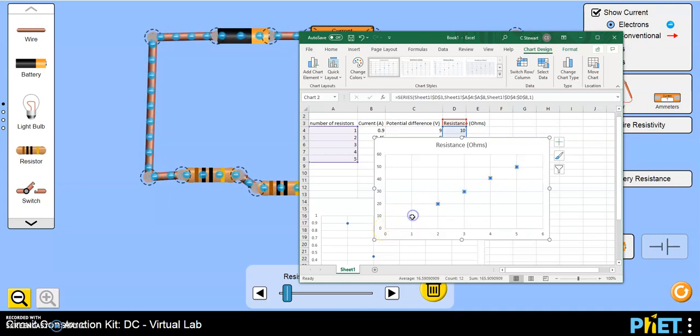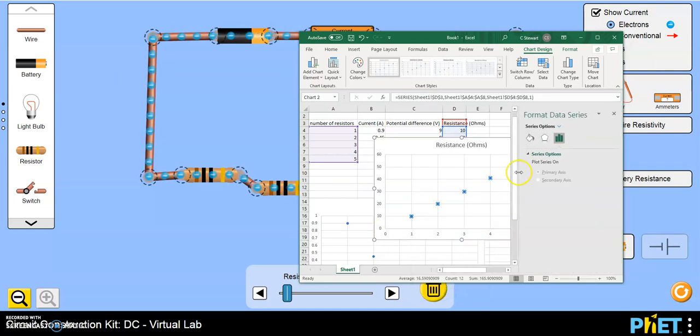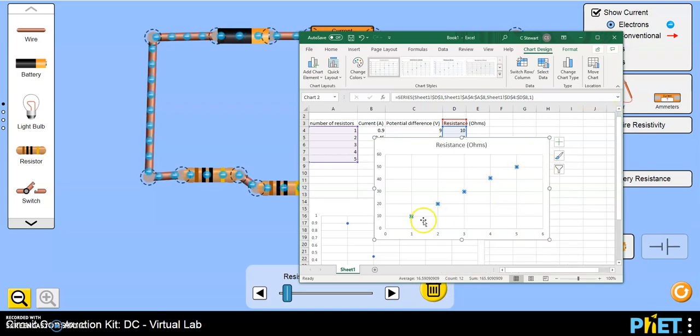Okay, I can add a trend line to it. A trend line could be added to this graph and it would be a beautiful straight line that goes through 0. Okay, and that is that relationship between the resistance and the number of resistors. It's very straightforward. All we're doing is adding up the resistors. When I have 1 resistor in the circuit, the total resistance is 10.